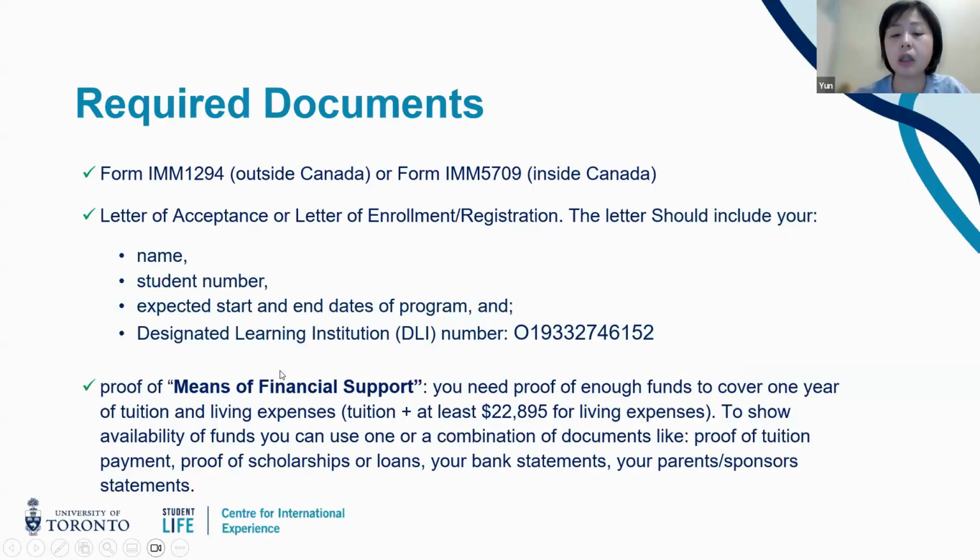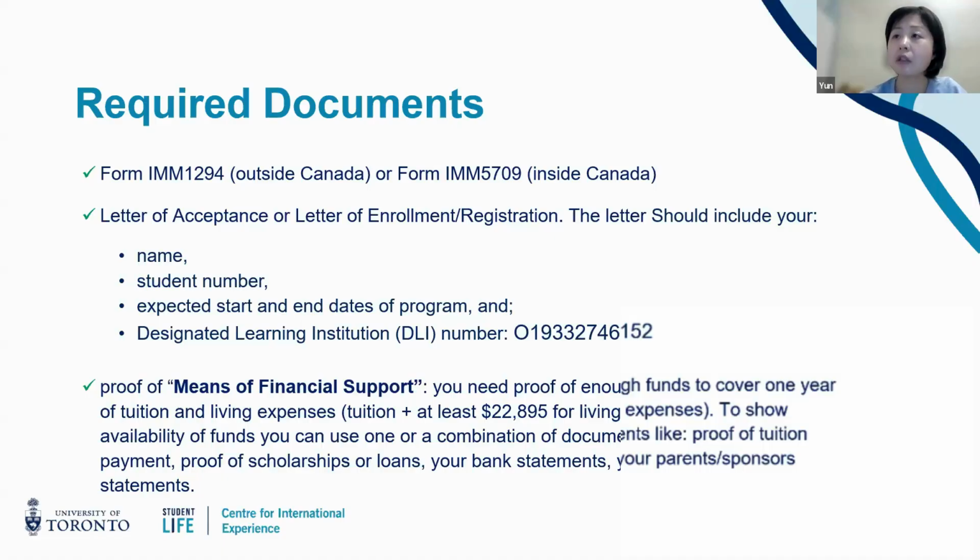In other words, you need proof to show that you are able to cover both the tuition and the $22,895 for your application. If you have already paid the tuition, you can use the payment receipt plus proof of funds that cover the living expenses with your application.